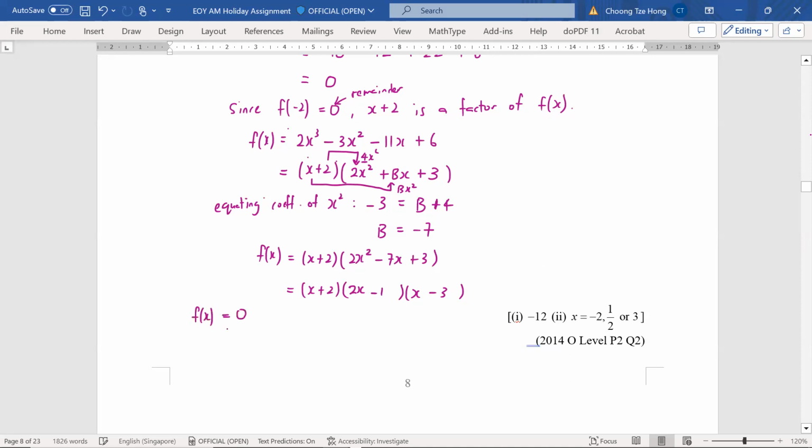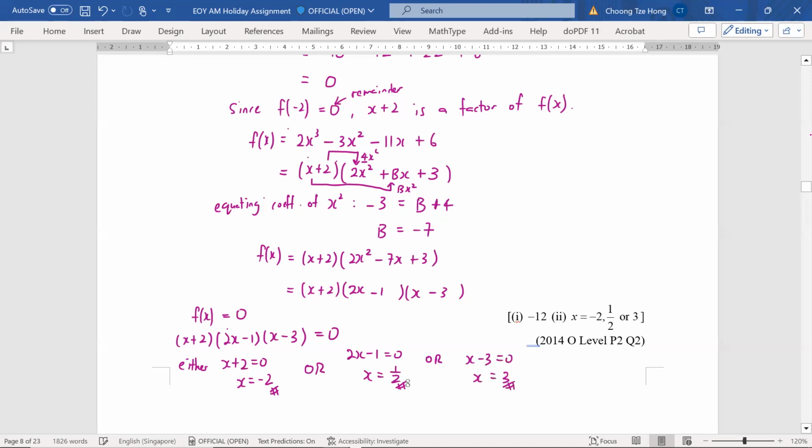They want us to solve f(x) equals 0. Since we have fully factorized f(x) already, we can write it like this. Either x plus 2 is 0, so one of the solutions is this, or 2x minus 1 is 0, so the second solution is this, or x minus 3 equals 0, so the third solution is this.